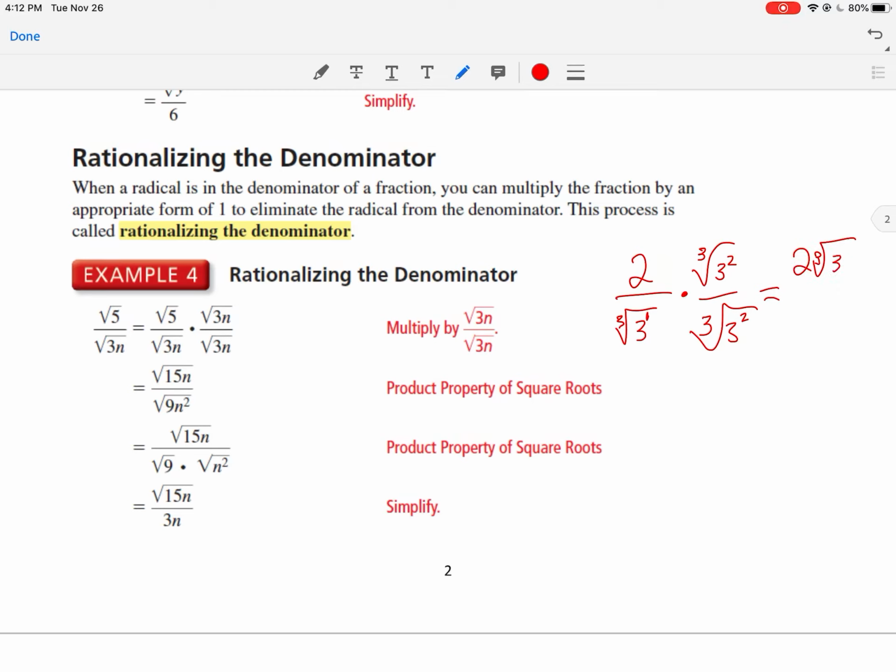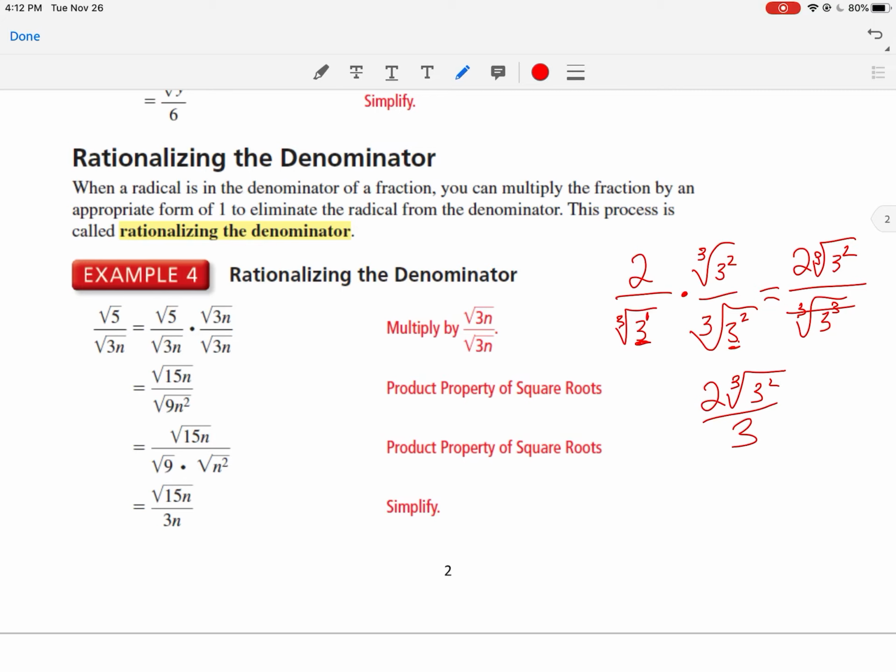That would give me 2 cube roots of 3 squared over, then I'd have the cube root of 3, because it's the same radical index. They're both cube roots. The bases of the radicands are the same. We add the exponents when they multiply, so to the third. The cube root of 3 cubed cancels out, so it'd be 2 cube roots of 3 squared over 3.